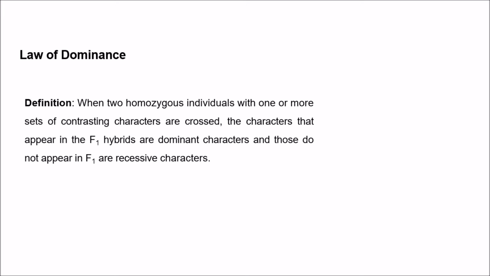So if we take two individuals having two or more contrasting character pairs and cross them, the resultant hybrid in the first filial generation, the F1 generation, exhibits dominant characters, and those that do not appear in F1 are called recessive characters.